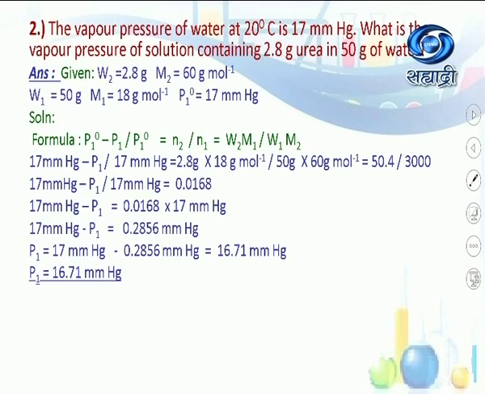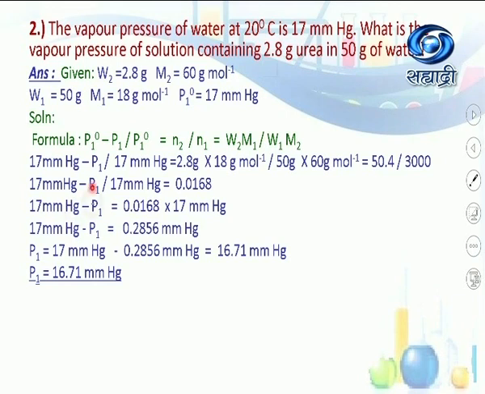So 2.8 into 18 comes to 50.4. See here the units are the same, gram per mole. Actually it is a ratio, so no unit. The answer is 50.4 upon 3000. And if we solve this, we get 0.0168. So 17 mmHg minus P1 upon 17 mmHg is equal to 0.0168.